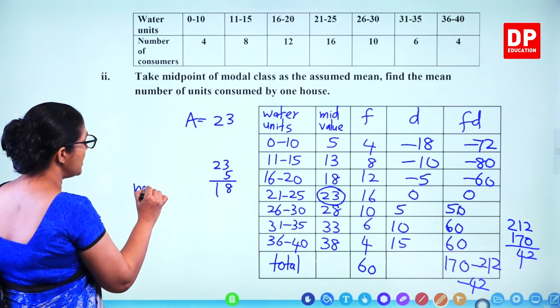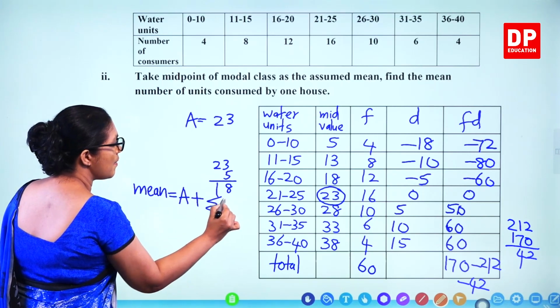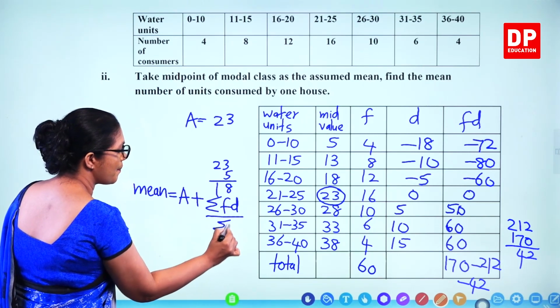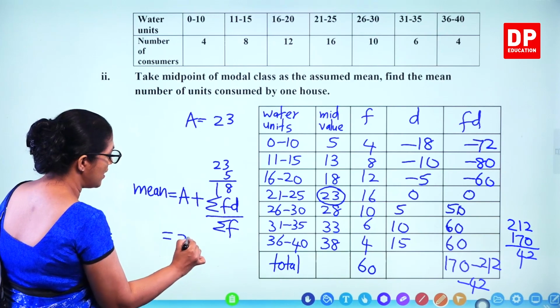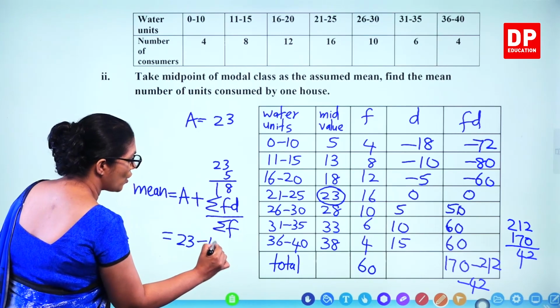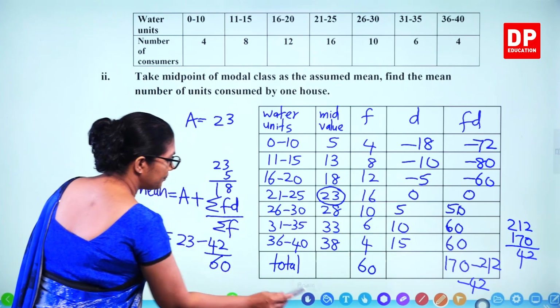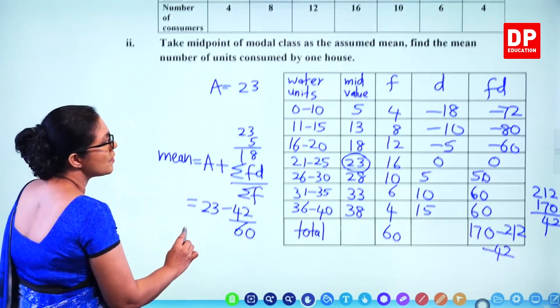So mean is equal to assumed mean plus sigma FD over sigma F. Assumed mean 23. Total FD minus 42. Divide by 60. So what's the value?